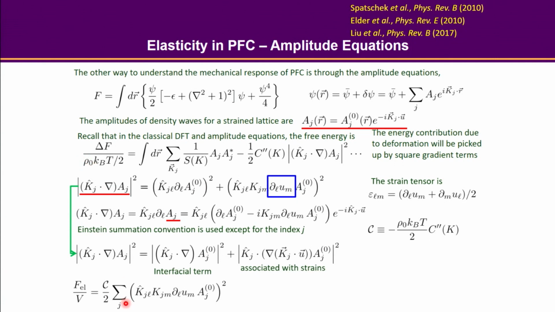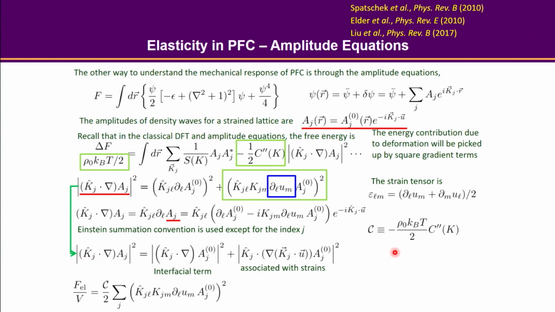So I can say the prefactor will be 1/2 rho naught kBT times this minus 1/2 C double prime. I'm just writing everything out of here as this prefactor, and all these things squared. I'm plugging back and doing this summation for all the reciprocal lattice vectors. Okay. So now I'm putting those three things together to get the elastic energy contribution.